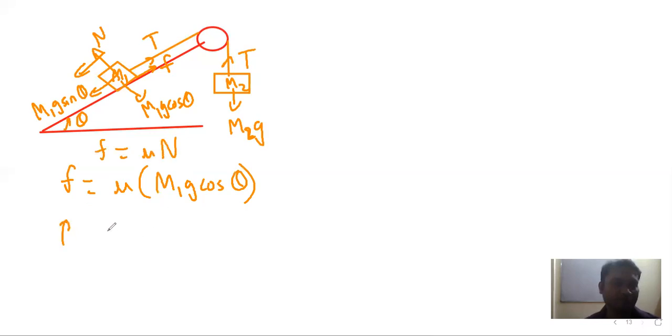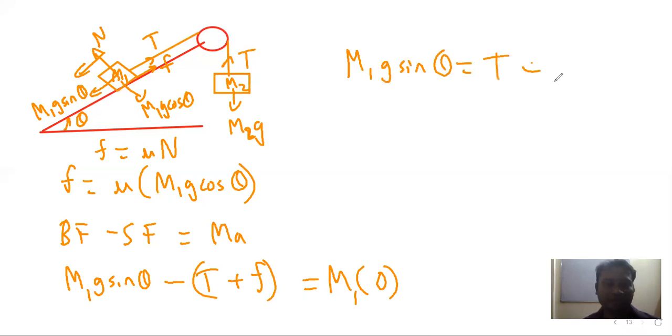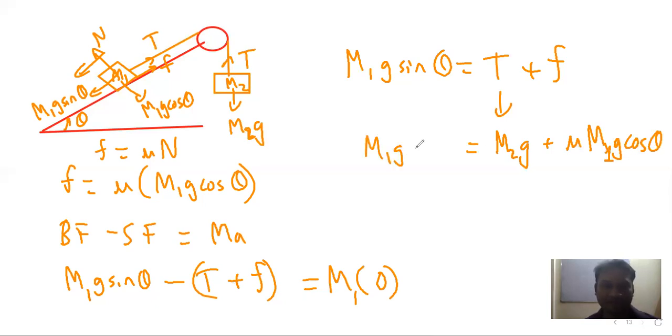Now, Newton's law equation, big force minus small force is mass into acceleration. So big force is M1 g sine theta minus small force T plus F is equal to mass of block M1 into acceleration 0. So M1 g sine theta equals T plus F. But T value is M2 g plus friction is mu M1 g cos theta. So this is question number 11.